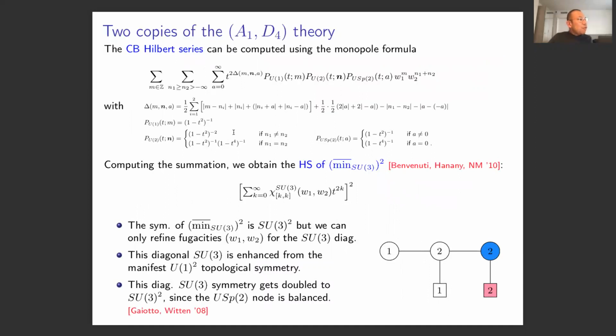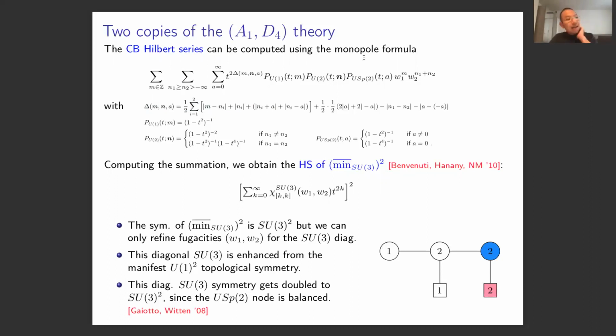Now you can compute it using this monopole formula. So you really use the quiver description. You feed it into some formula. It consists of some monopole operator dimension and a certain contribution from the scalar field in the vector multiplet. So let me not go into the details of this formula. Of course, I'm happy to discuss it.